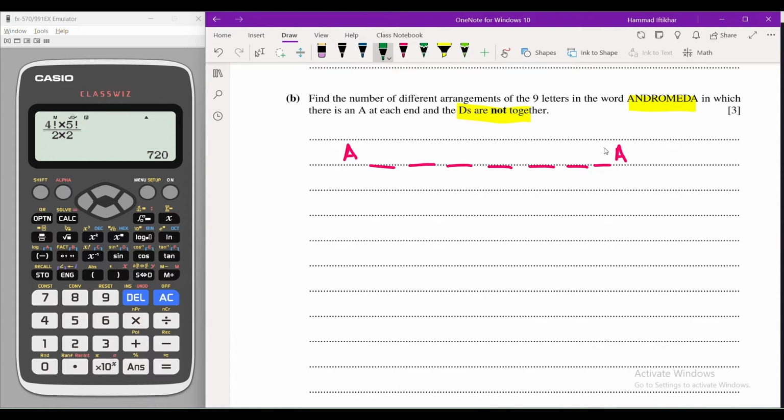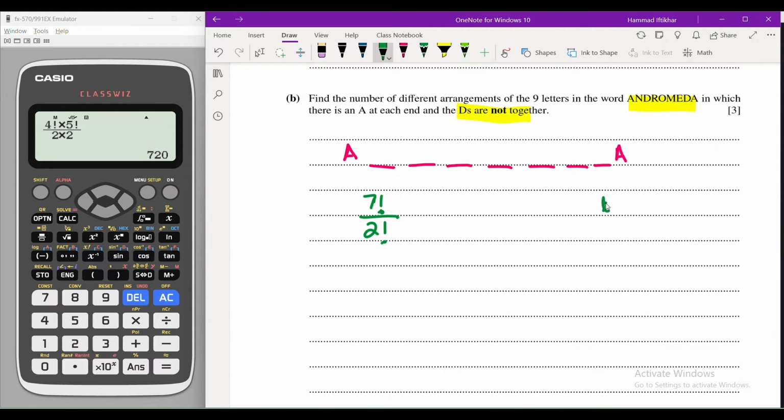So this means that out of those 9 letters, 2 have been already selected. So that means we just have to fill the 7 gaps now. So it's just 7 factorial, because we have 7 letters left, divided by 2 factorial.